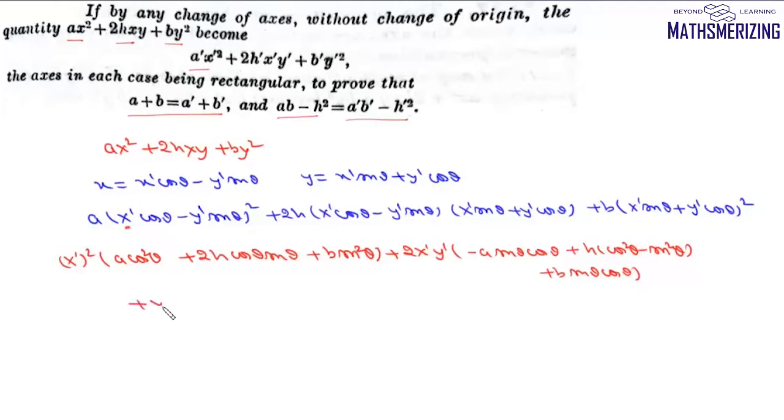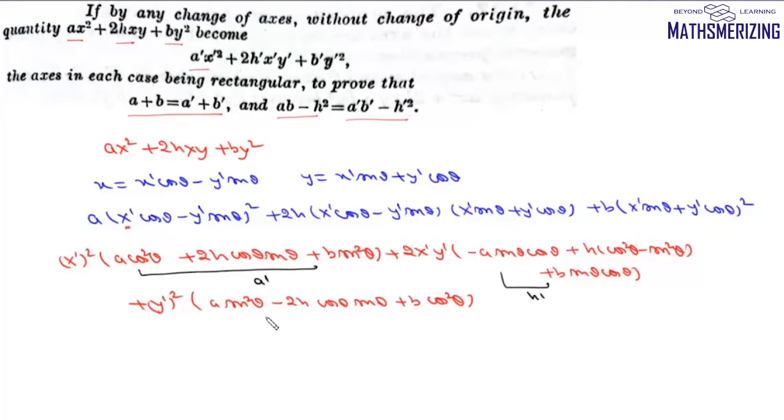And finally we have y dash square, which will be a sin square theta minus 2h cos theta sin theta plus b cos square theta. Now this is a dash, this is h dash, and that's your b dash.